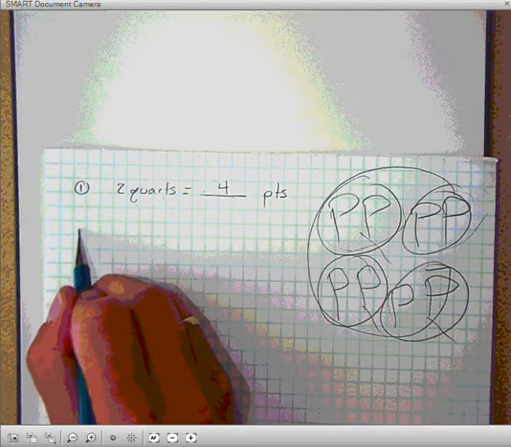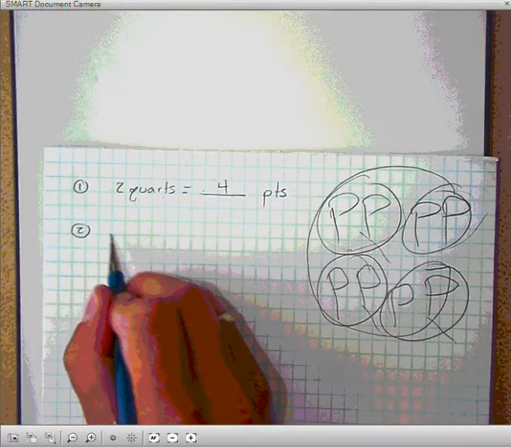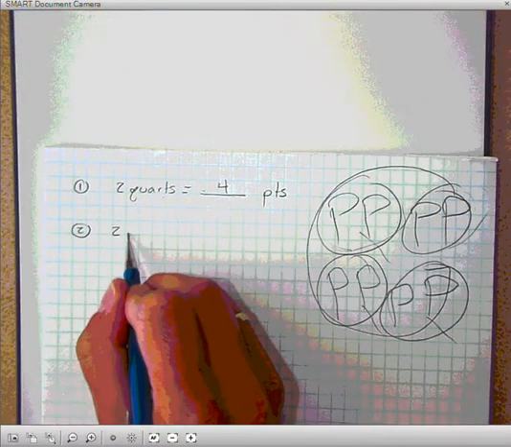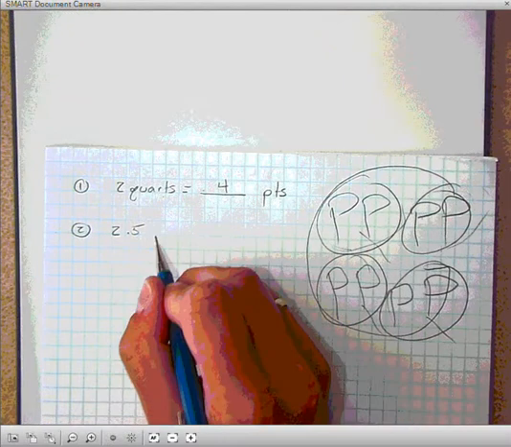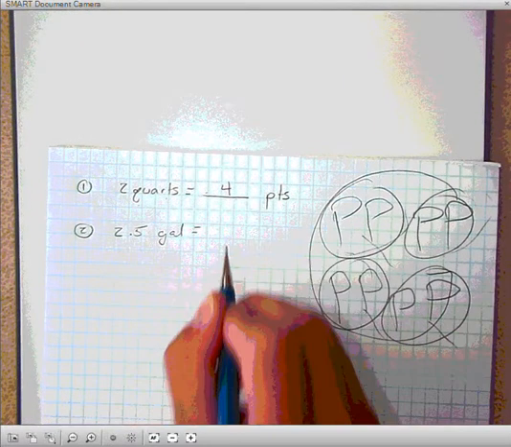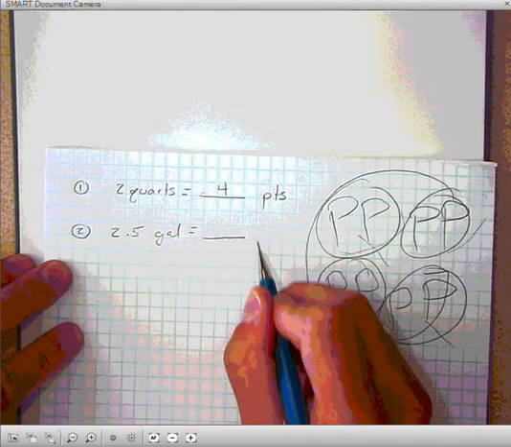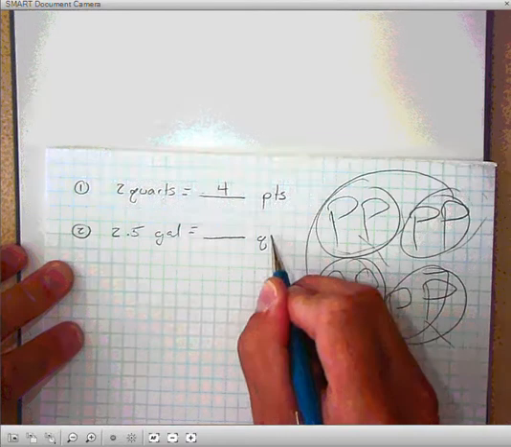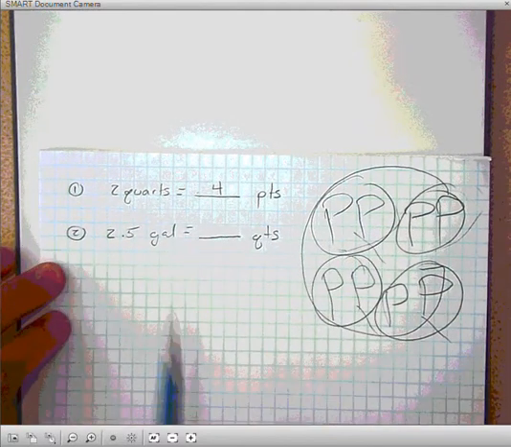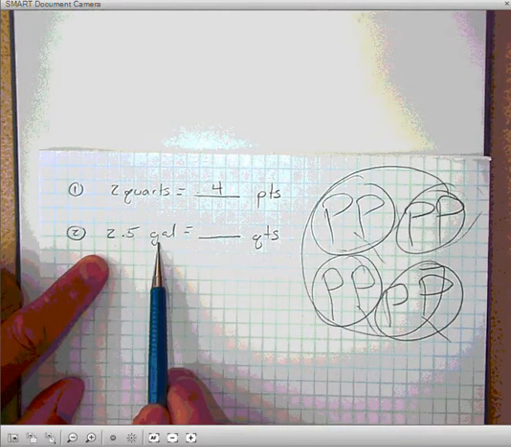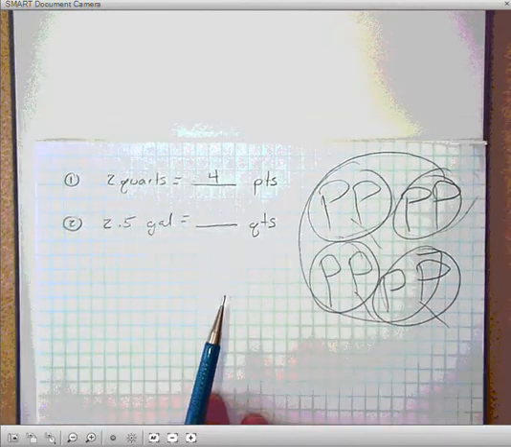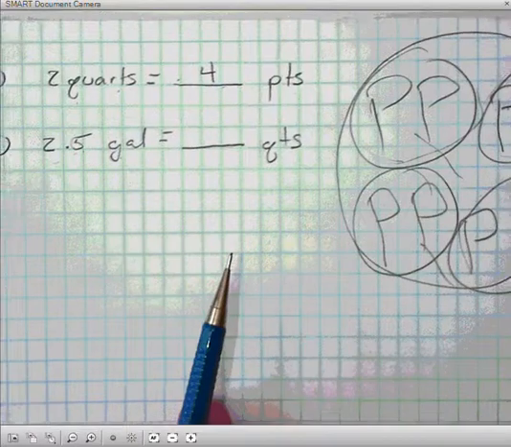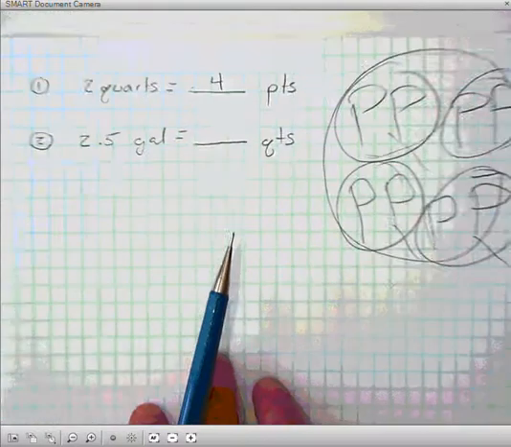We can also solve a little bit larger problems using a similar kind of strategy. Use an abbreviation. So I've got 2.5 gallons, and what I want to do is find out how many quarts that is.